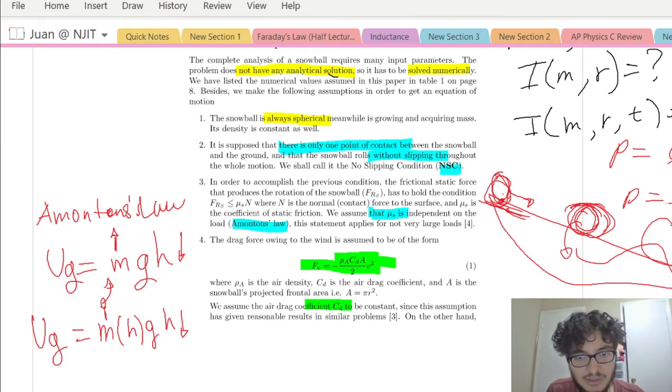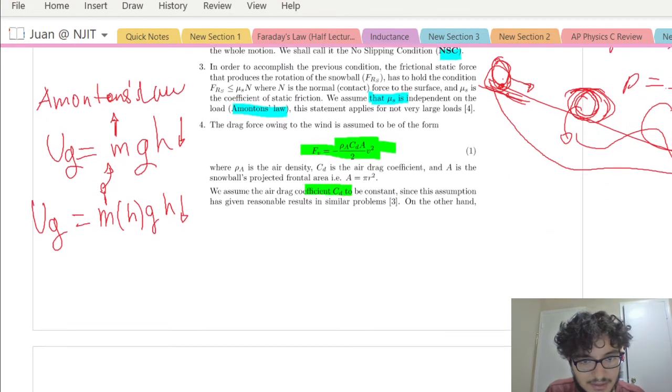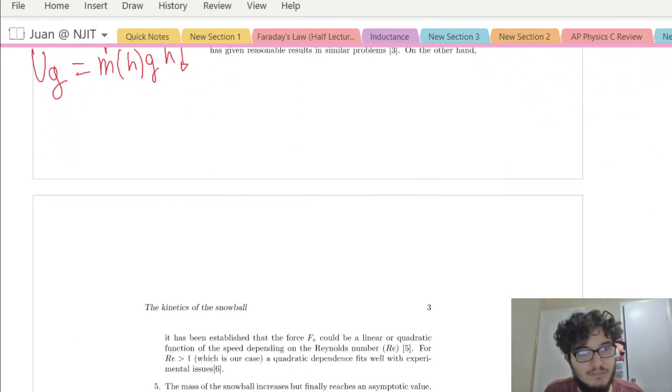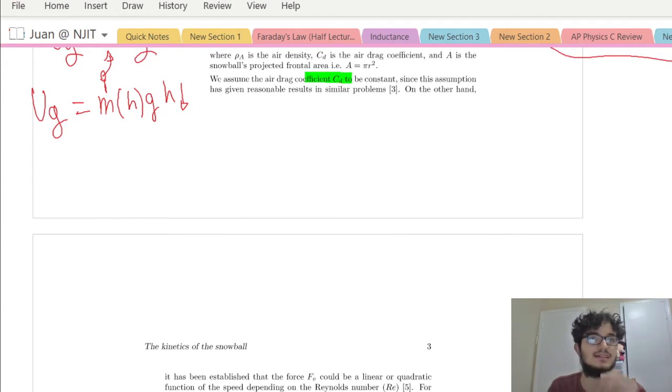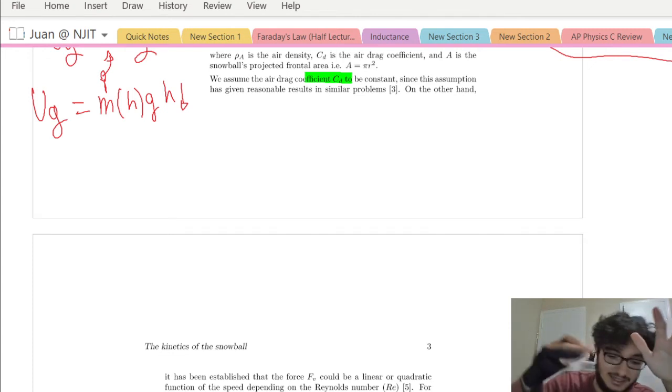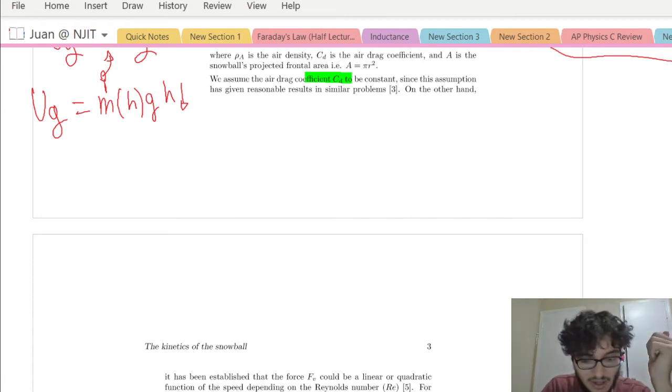It would be absolutely insane if it was not constant. Assuming you set up the experiment and you have a fan, or maybe some sort of stream of air constantly flowing against that incline, I guess that would be a good setup for an experiment, right?